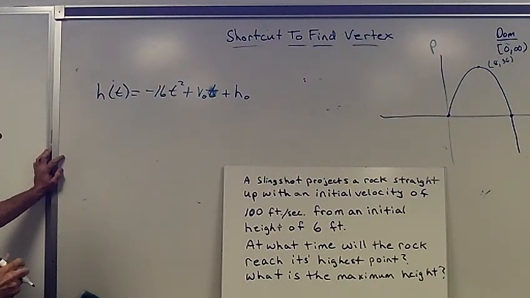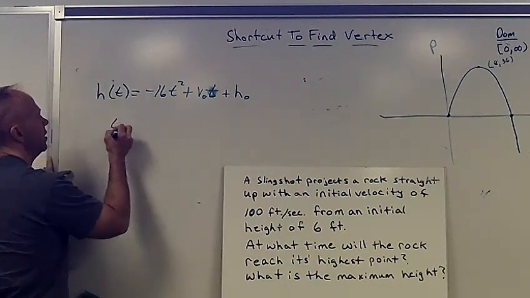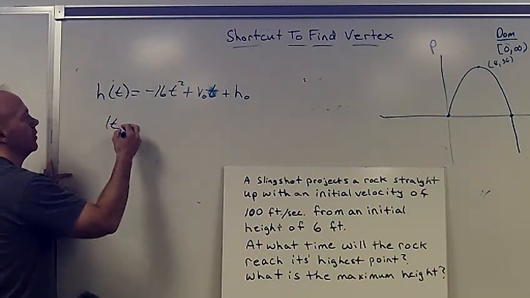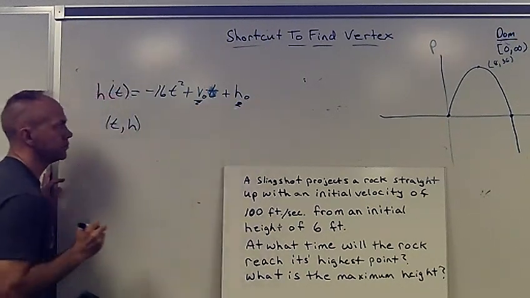Oh my gosh, Mr. Clark, what in the heck is that? There's too many variables. No, actually there's the same number of variables we've been using. There's only 2 variables. My independent variable is t, and my dependent variable is h. These are constants right here.